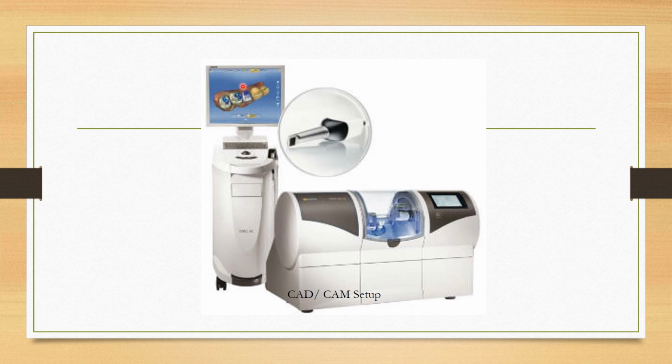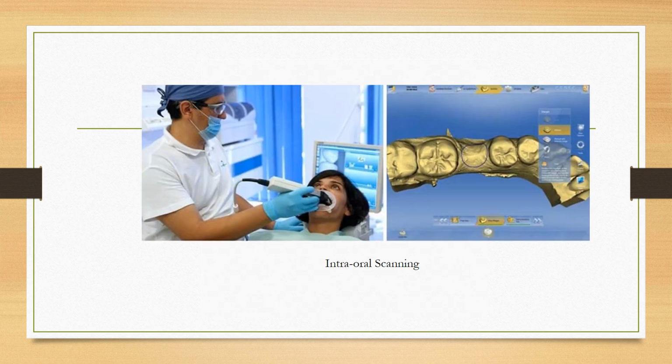You can see it on the computer, the computer-aided part, and then you can do the designing by the CAD, and then instructions can be given, everything modified, the changes done, and then it can send the signal to the CAM, that is the computer-aided milling machine, and the milling machine is going to do the job. You have to put a block of ceramic here, and we'll discuss that further, and then the rest of the procedure can take place.